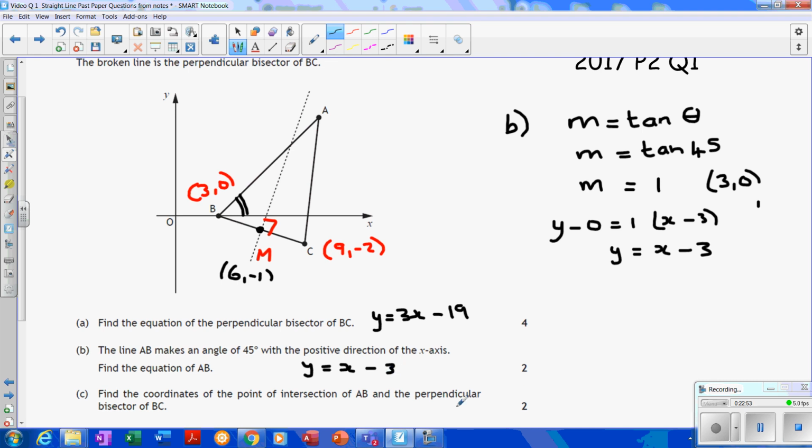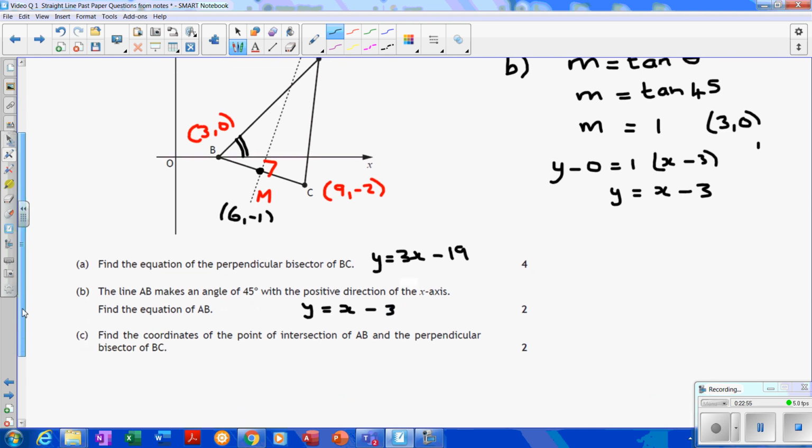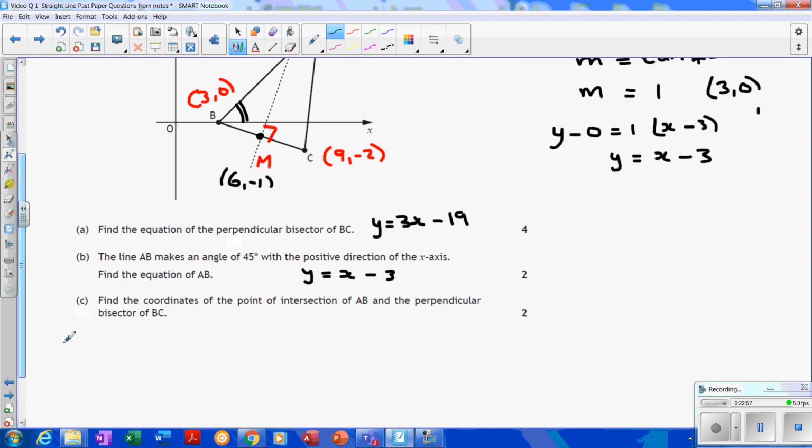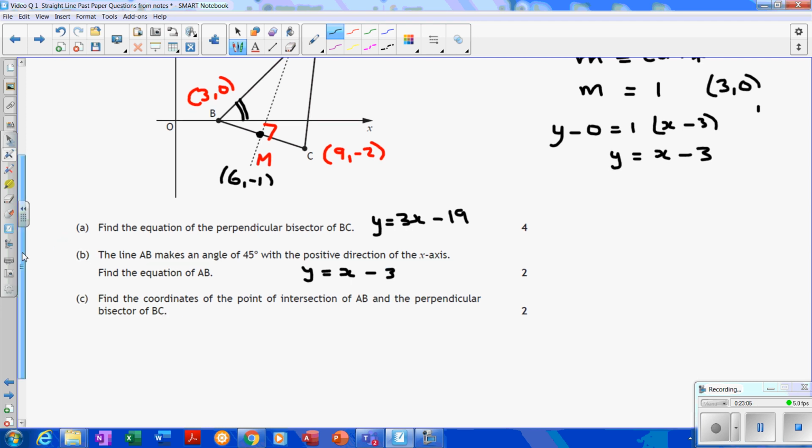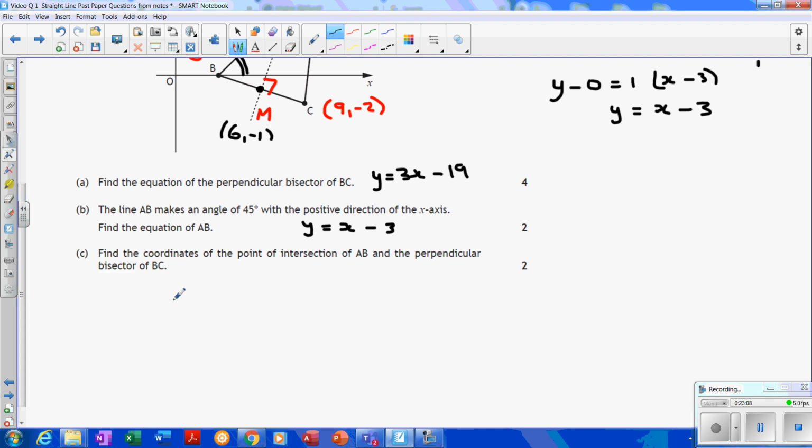Right, now we've got one last wee part to do, which is down here, part C. It says find the coordinates of the point of intersection of AB and the perpendicular bisector of BC. So that's the intersection of those two lines. Right, so we're solving simultaneous equations. y is equal to 3x minus 19 and y is equal to x minus 3.